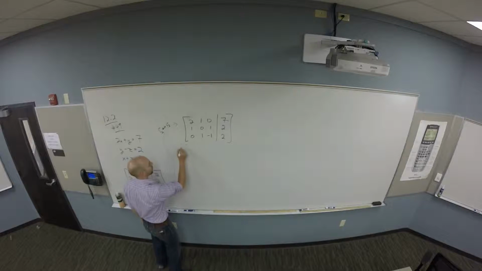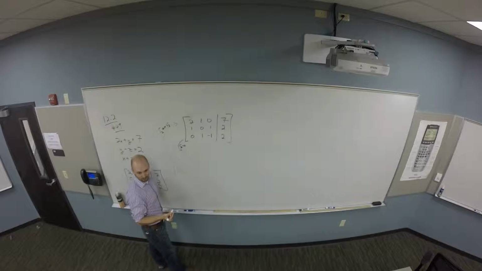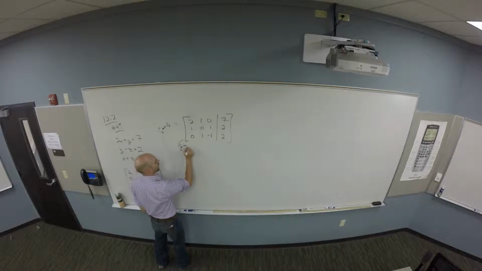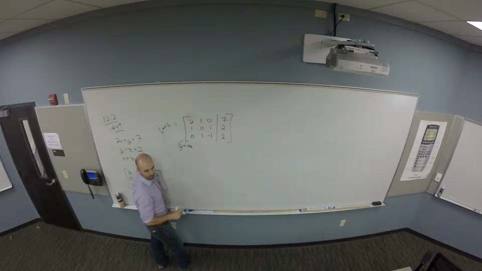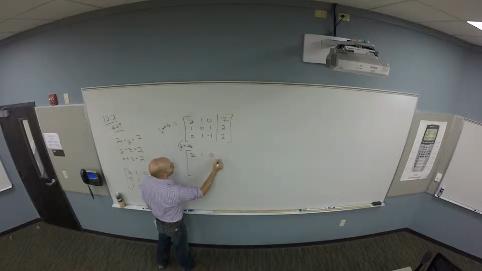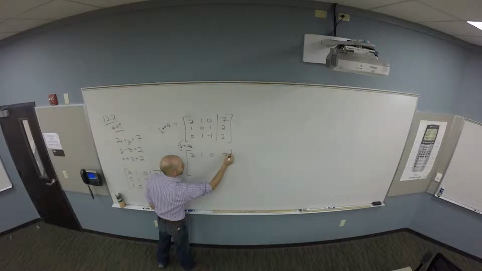Multiply by -2? Okay, so I'm going to take row 2 and replace it with -2 row 2, right? You guys see that? Okay, so I've got 2, 1, 0, 7 for row 1.